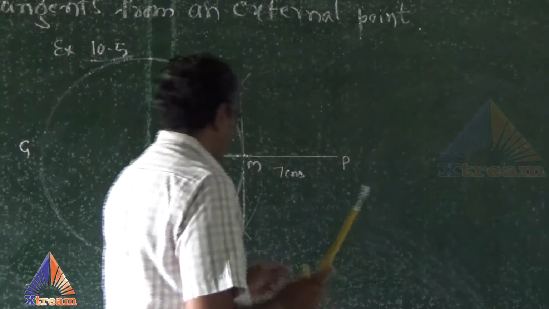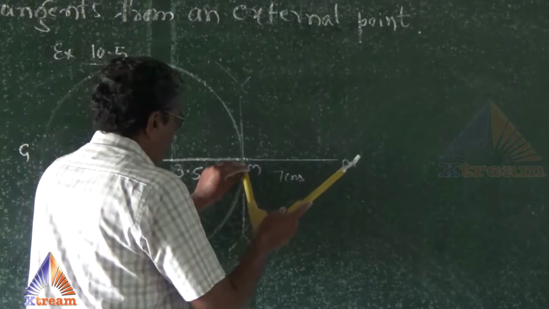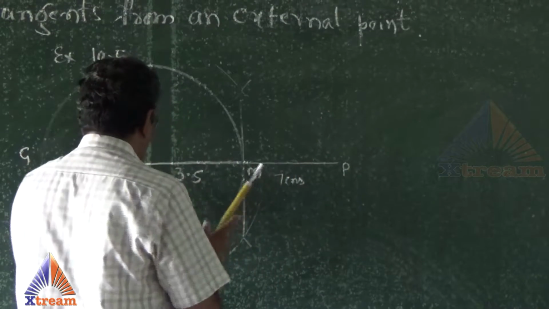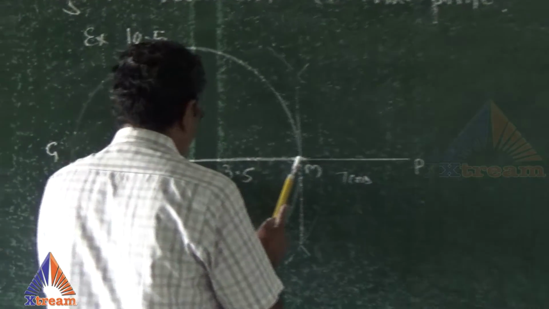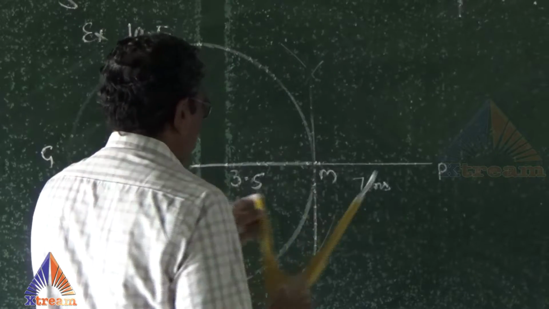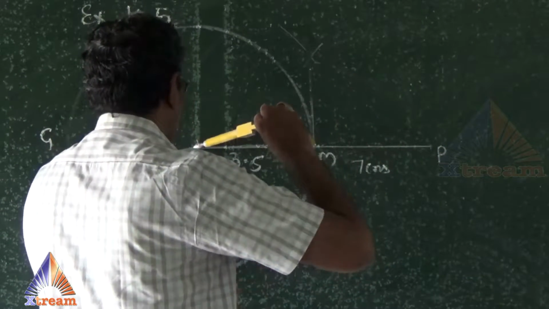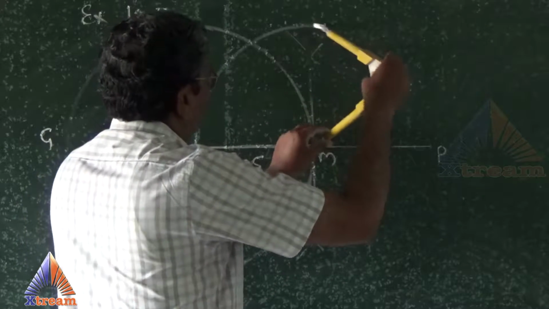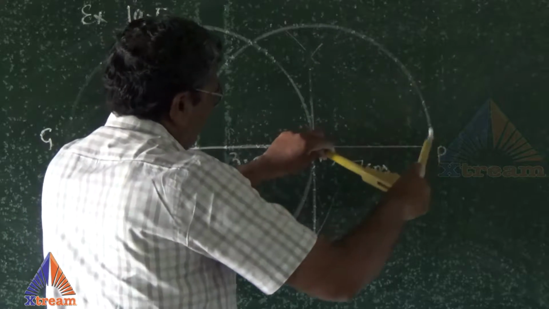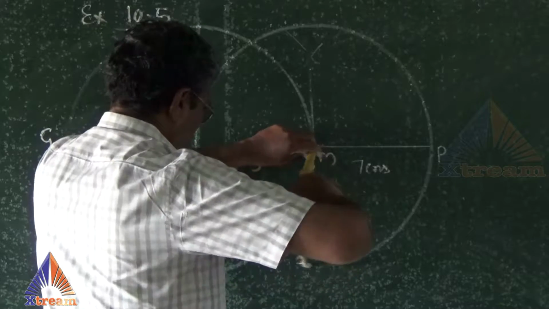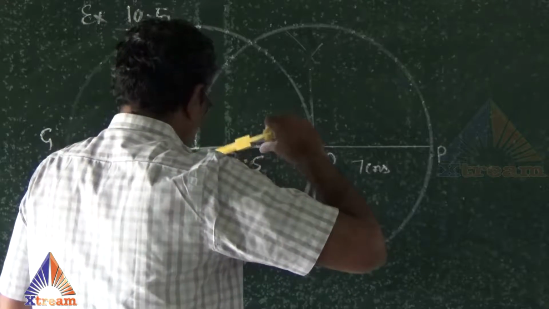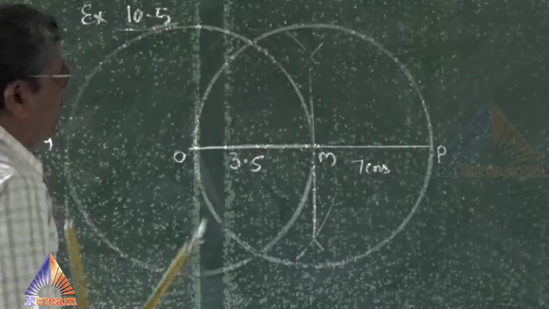So M is the point. Once again you can check, it is also 3.5 centimeter. You can draw the C2 circle.